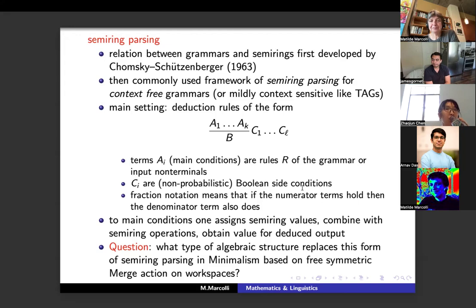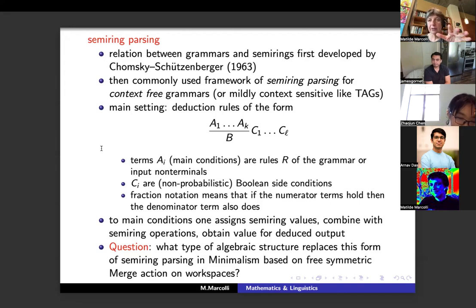So one of the main ideas about how this parsing in semirings works is that you want to follow derivations for certain structures. In the case of formal languages, you have a derivation for a certain string in the language, and you think of the steps in the derivation as your substitution rules in the formal language.